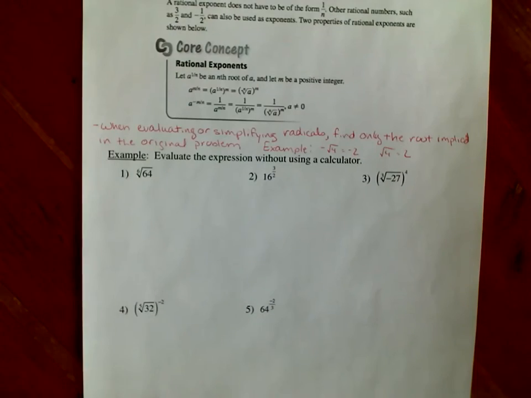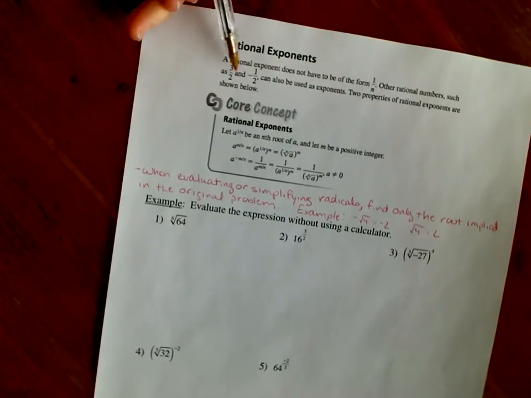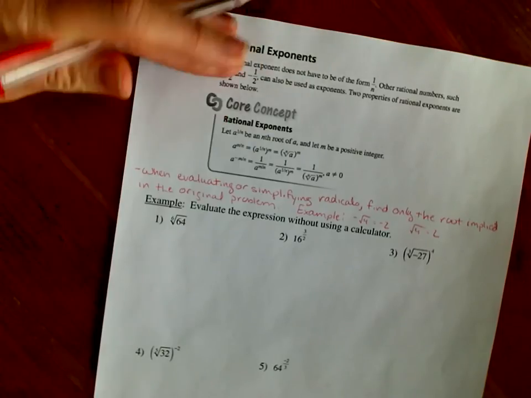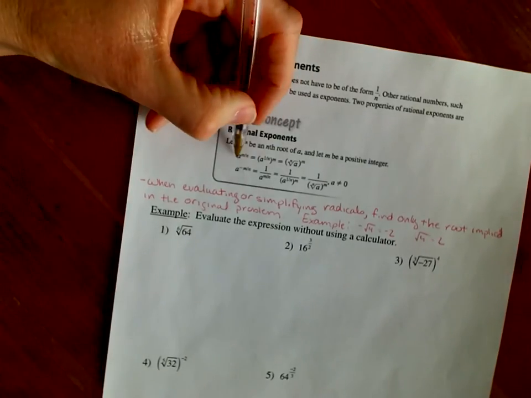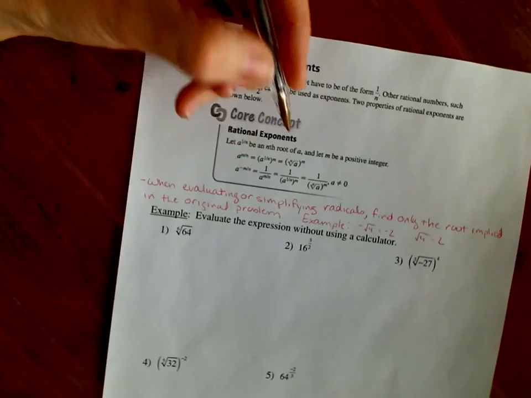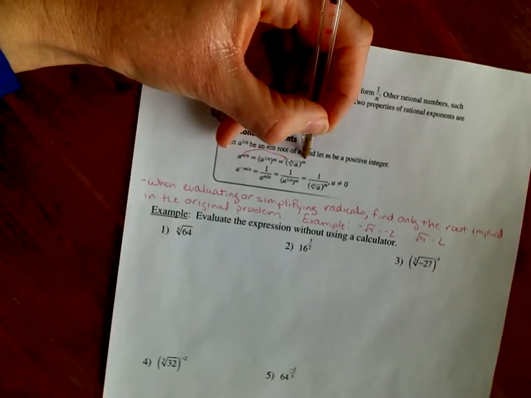Now, if you recall from the previous lesson, rational exponents are not always just going to be 1 over n. You may have values like 3/2 or negative 1/2. So we may need to look at our rational exponent rules again. If you have a rational exponent in the form a to the m over n power, that can be rewritten as the nth root of a to the m power.